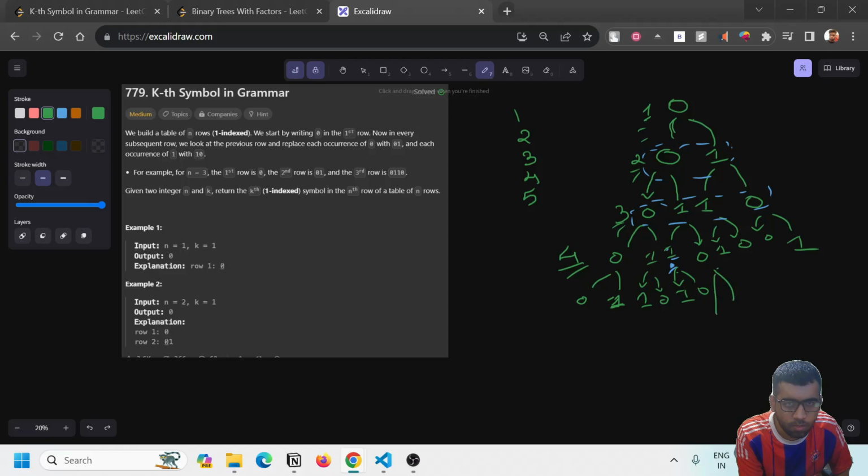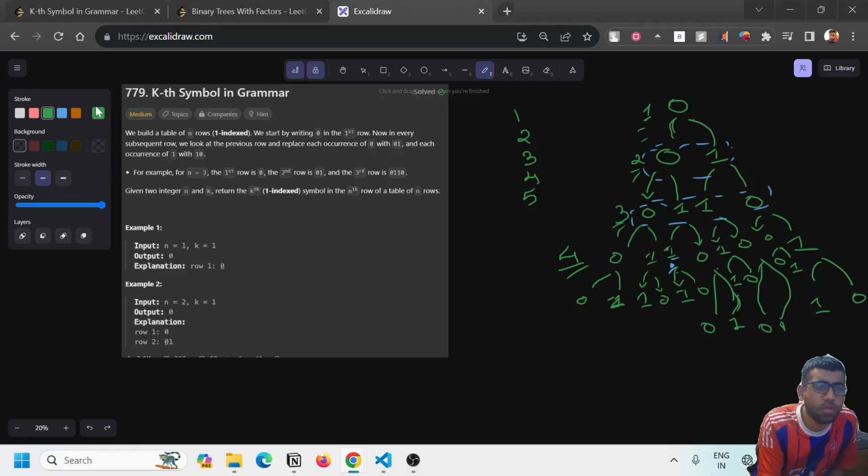I'm going to push it a little below. 0 1, and this goes for 1 0. This goes for 0 1 because it's 0. This goes for 0 1 as well, and this goes for 1 0. So there's the fifth row.